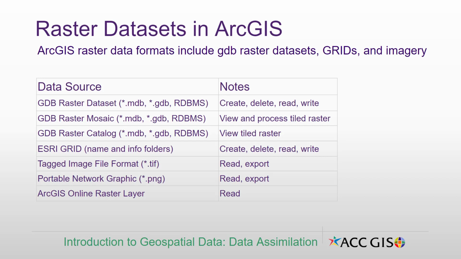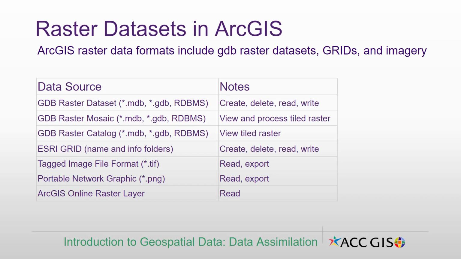So for example, if I have a city that has 100 high-resolution images of the city, I can tile those in a raster mosaic, and then bring that in as a single layer rather than having to load all 100 images into my GIS to view all the imagery for the city. A raster mosaic is also very nice because I can process all the tiled raster data as one. So for example, I can perform some type of transformation or conversion process and do it on a single layer rather than the 100 images that I mentioned in my previous example.